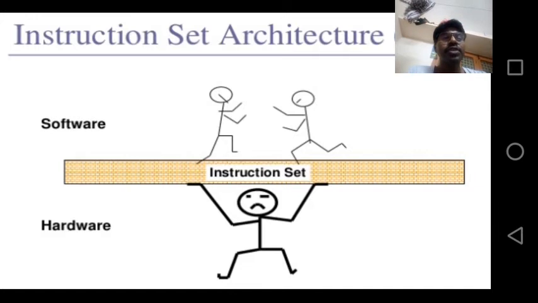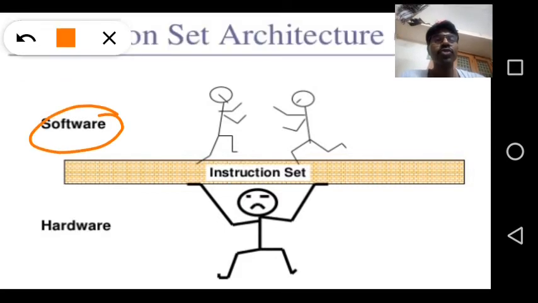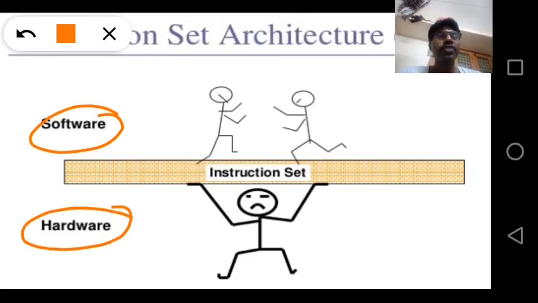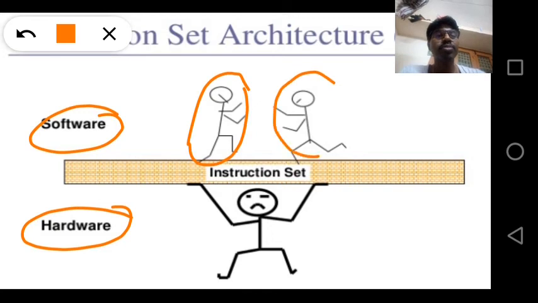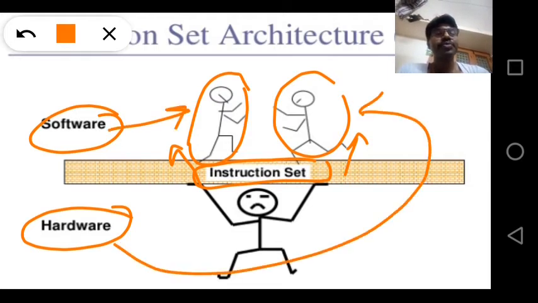Next we have instruction set architecture. When I have instruction set architecture, this is called software and this is called hardware. They both are competing. So the instruction set has to communicate with both hardware and software. It not only communicates with the software, it has to balance and communicate with both software and hardware.